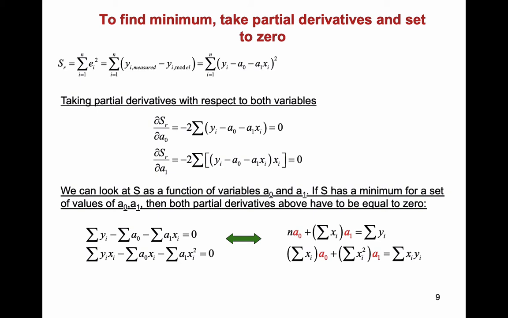So if I want to find the best fit, it's to minimize this function SR, which is a function of two variables. Normally if I wanted to minimize f of x, I would look at f prime of x being 0, right? Here I take the partial derivatives with respect to a0 and a1.